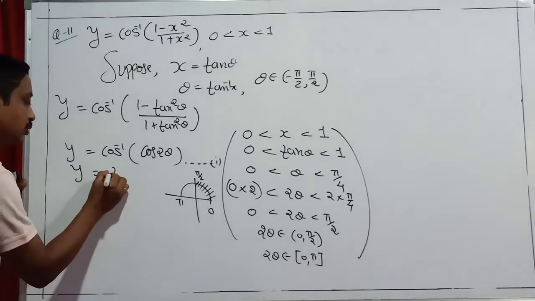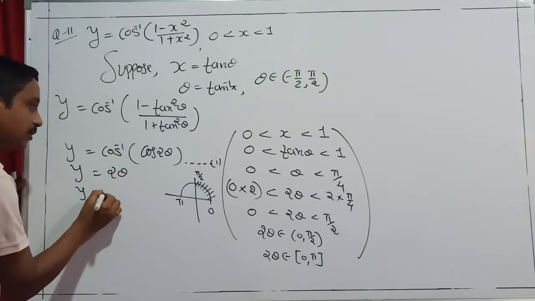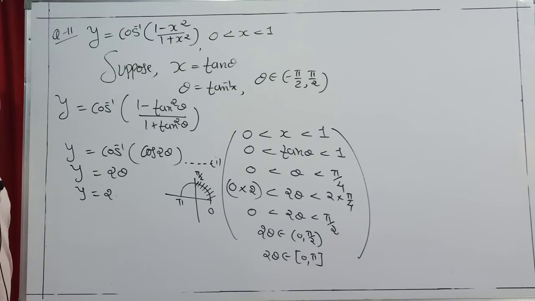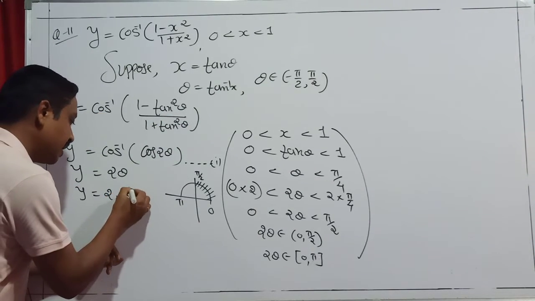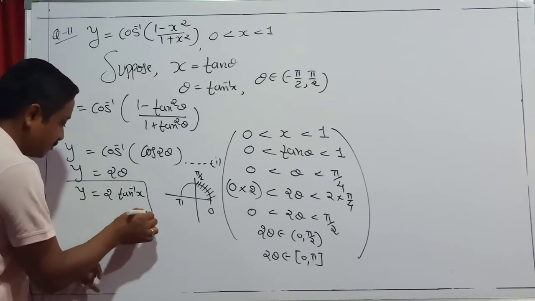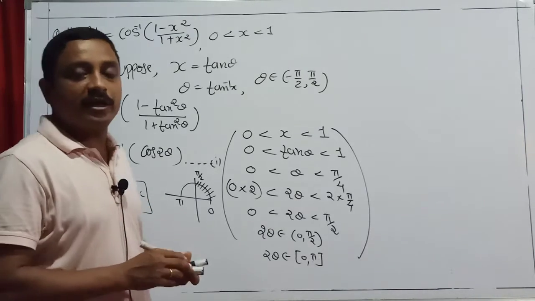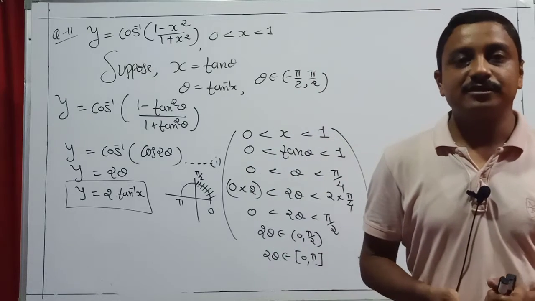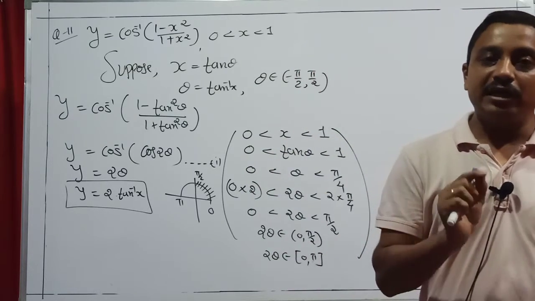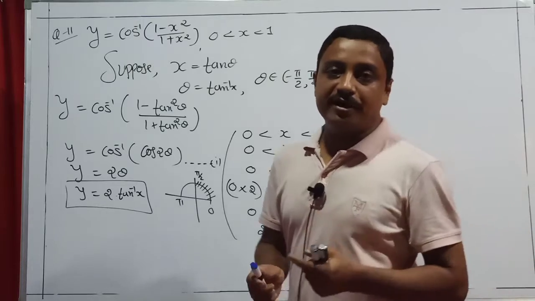So y is equal to 2 theta. Now students, putting the value of theta. What is theta? Yes, theta is our tan inverse x. And up to that we already explained in your second chapter, inverse trigonometric functions. Now start our derivative, only one step ahead.